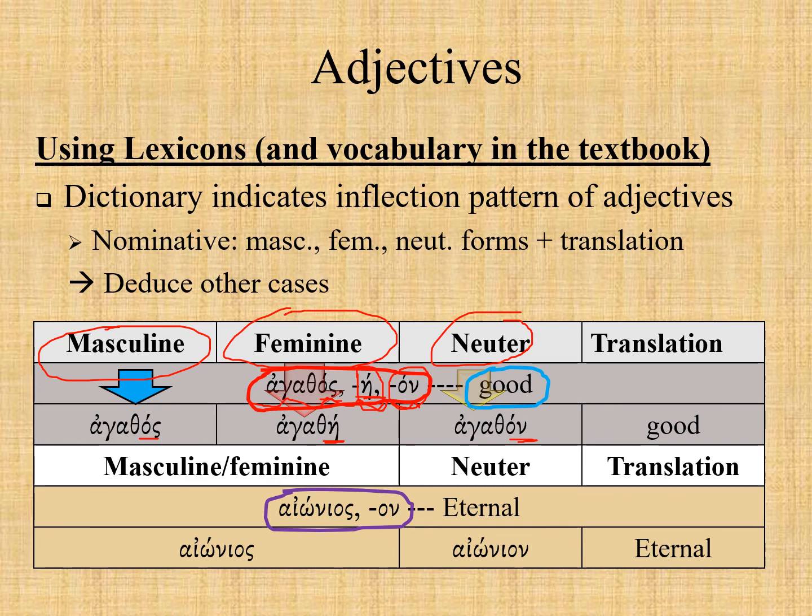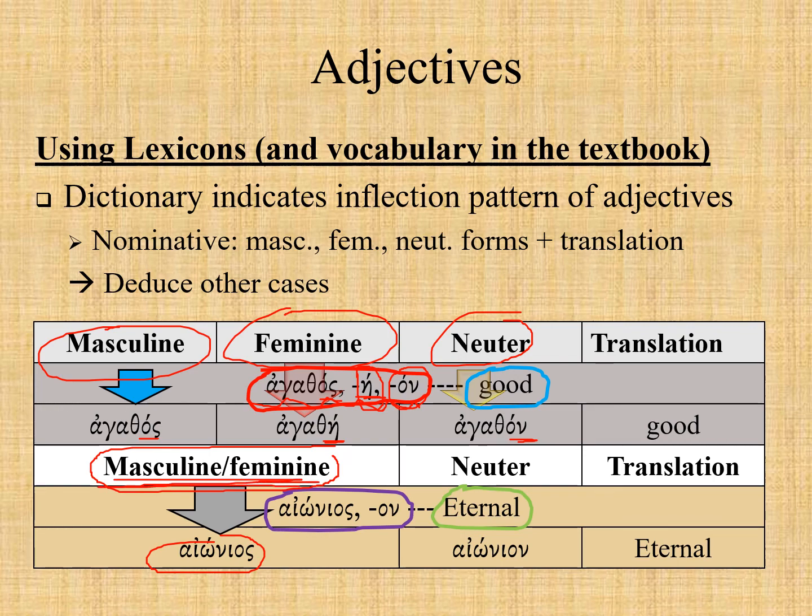Now, in this second example, we have aionios. Now, the difference here is, and the translation here, eternal. So now we have only two forms, aionios and aionion. So why would that be? Let's take a look at it. This aionios is both masculine and feminine form.